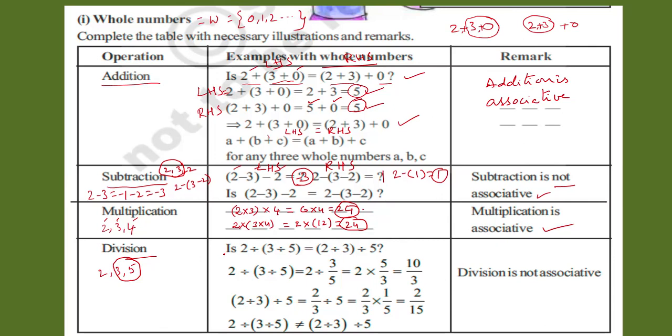That means in the first line, 2 divided by, in the brackets, 3 divided by 5. First you simplify the part which we wrote in the brackets, that means second and third numbers. Now we check this one.